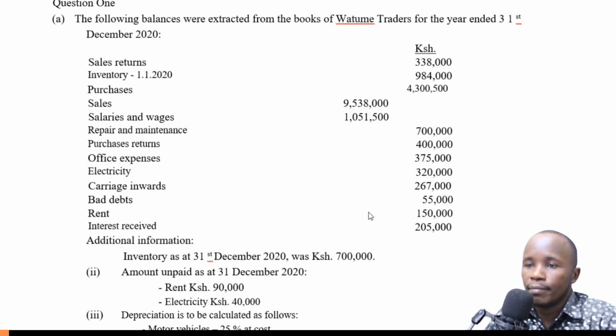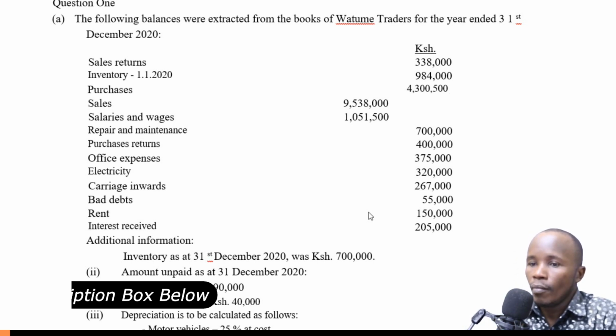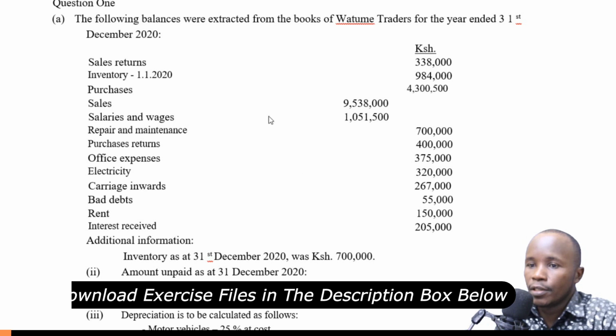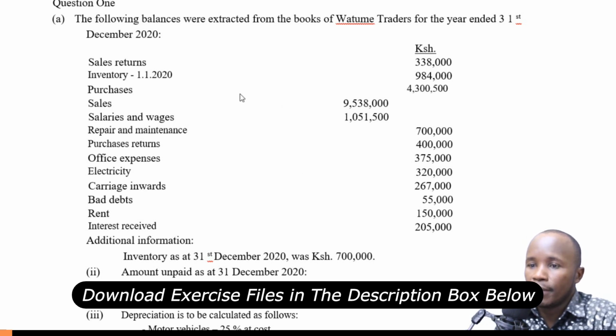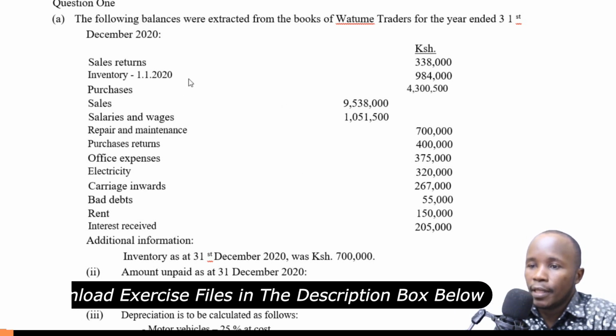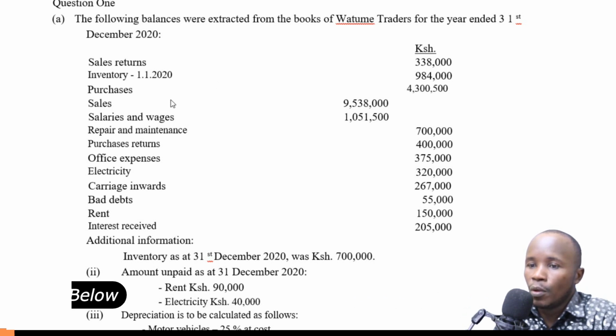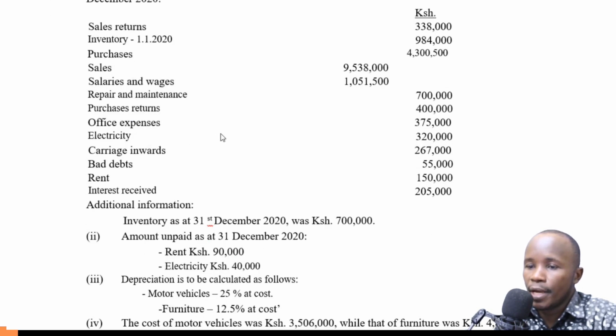1st December 2020. You have sales returns, inventory as per 1st January 2020, that is opening inventory. We have purchases, sales, salaries and wages, repair and maintenance, purchases returns, office expenses, electricity, carriage inwards, bad debts, rent, interest received.